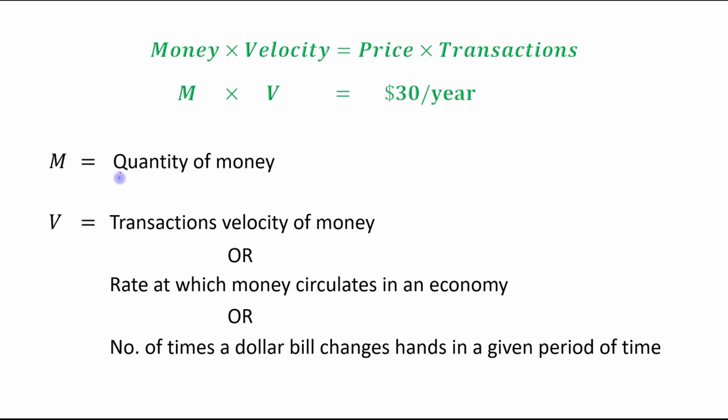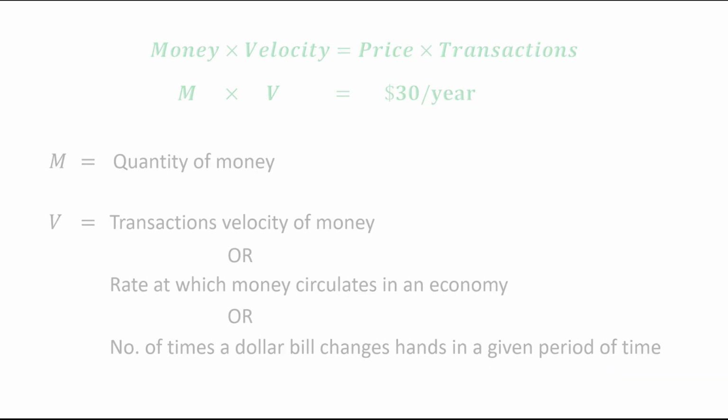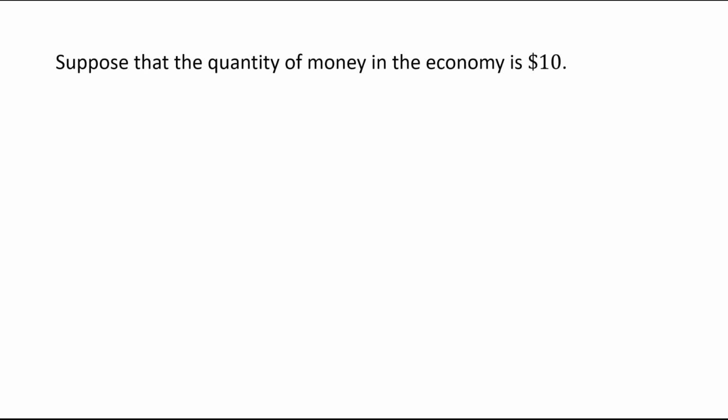M refers to the quantity of money in the economy. V refers to the transactions velocity of money, the rate at which money circulates in the economy, or the number of times a dollar bill changes hands in a given period of time.